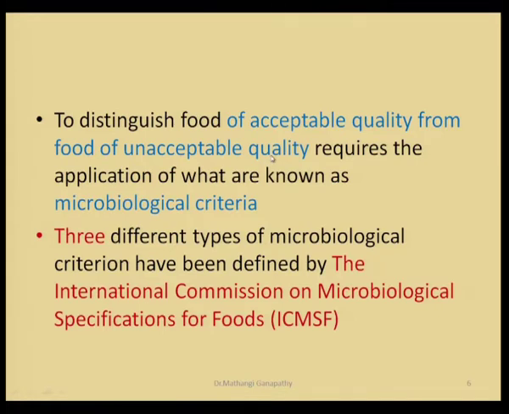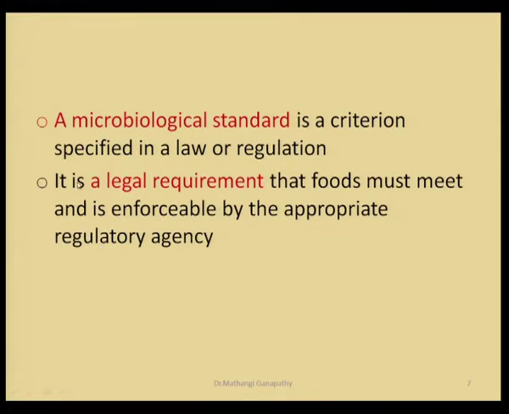So the first level of acceptability or non-acceptability comes there. For that we fix 3 microbiological criteria. There are 3 different types of microbiological criterion defined by the International Commission on Microbiological Specifications for Foods, otherwise ICMSF. A microbiological standard is a criterion specified in a law or a regulation.